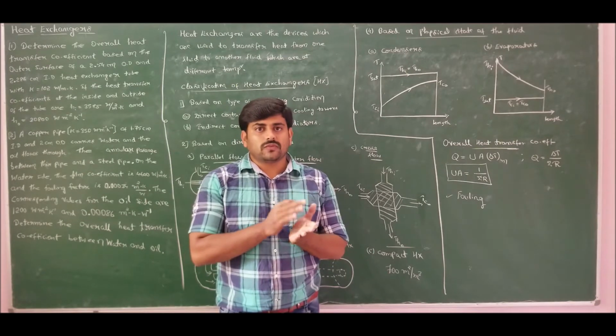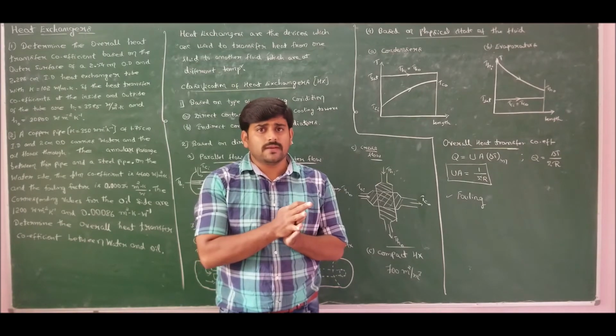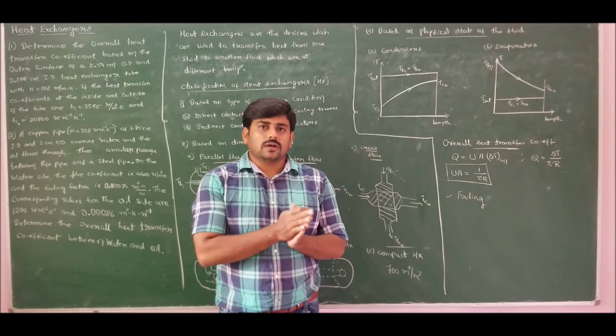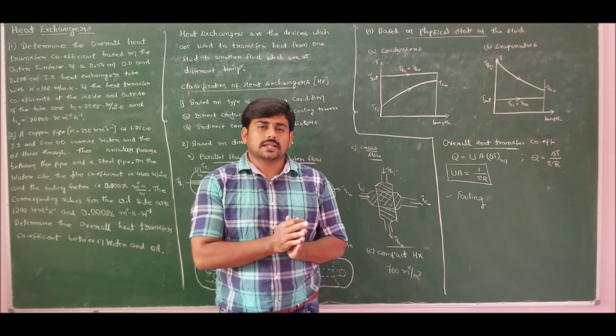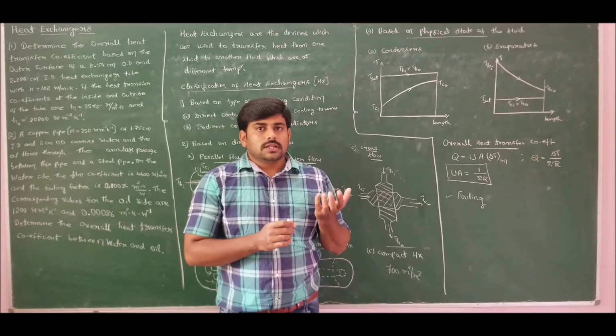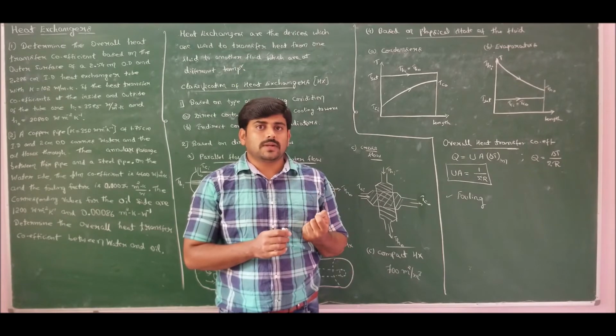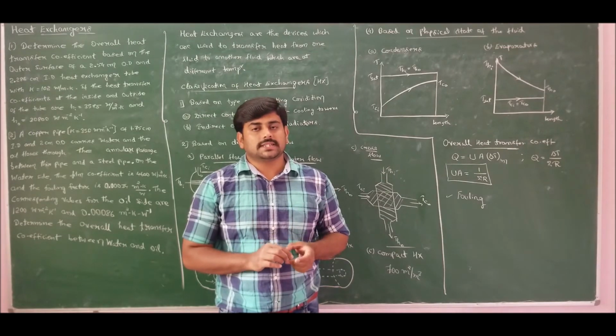So due to the presence of impurities in the working fluids, or deposition of impurities on the surface of the heat exchanger, or because of corrosion, as the heat exchanger grows older and older, the effect of these is felt in terms of resistance for heat transfer, which is termed as fouling of heat exchangers.